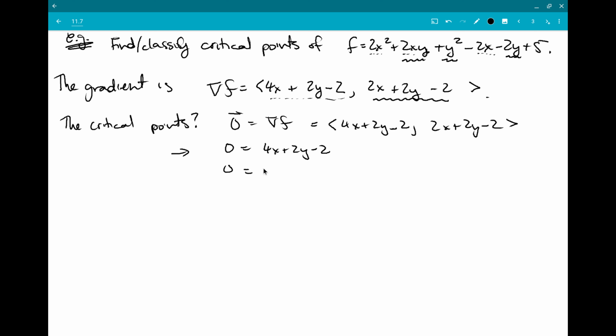And I need 0 equal to 2x plus 2y minus 2 at the same time. So I have a system of two equations with two unknowns. I know how to solve this.